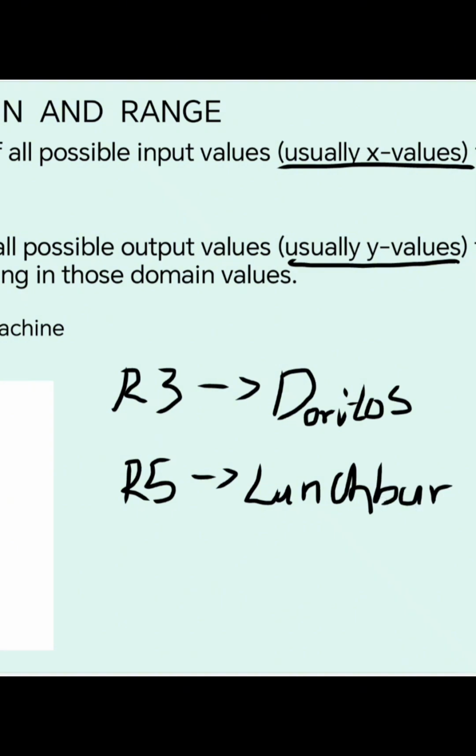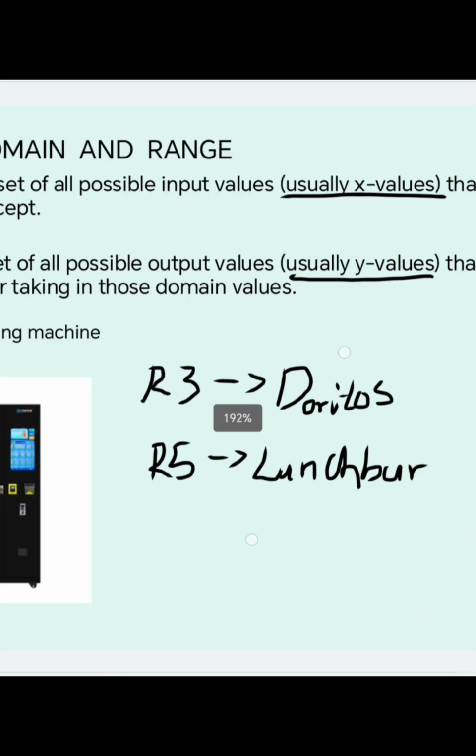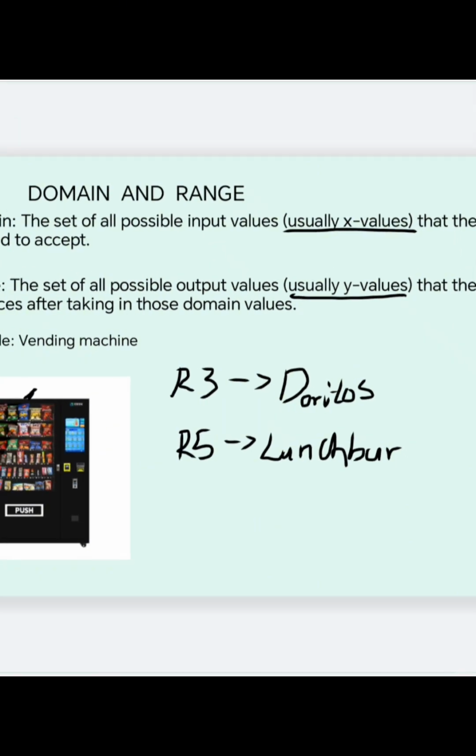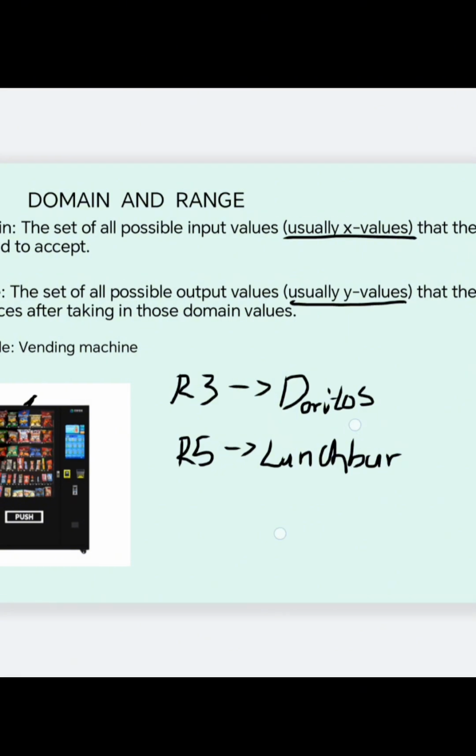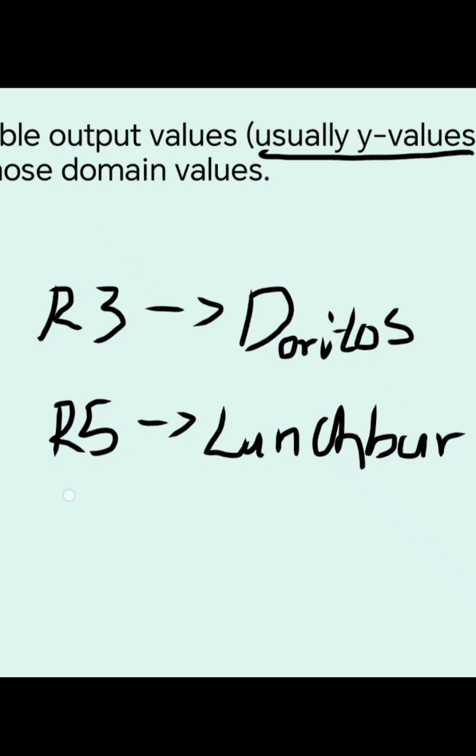Now let us say we are talking about the domain on our vending machine. When you are looking for a lunch bar, you must insert a 5 rand coin. You cannot insert 10 rands and expect the machine to give you a change of 5 rands. 10 rands is something like a paper note and 5 rands is a coin, so it won't align with the machine.